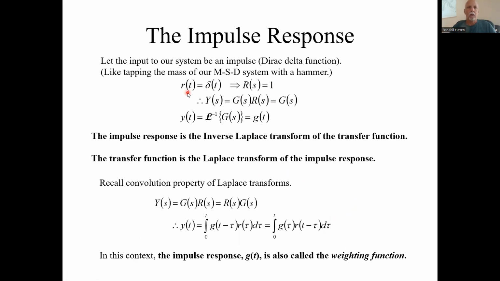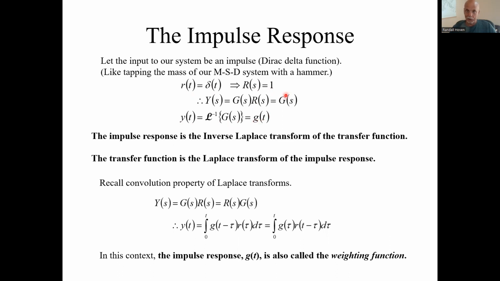Well, the Laplace transform of a Dirac delta function is just 1. You put 1 here, you just get the transfer function itself. Meaning the impulse response, or the response to an impulse, is the inverse Laplace transform of the transfer function.